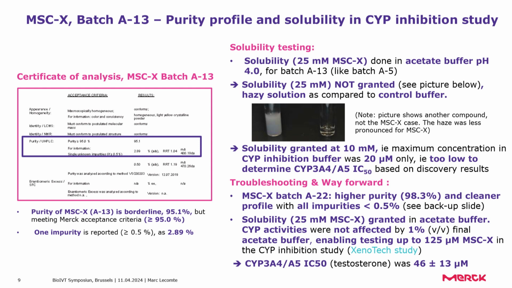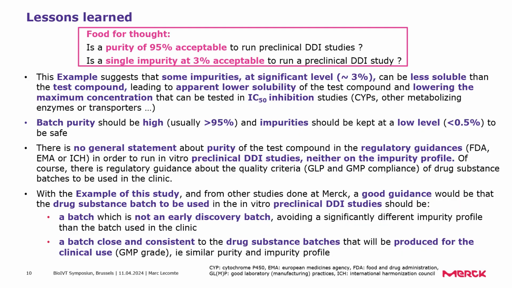Here is an example which I think is interesting. This drug was not very soluble except at acidic pH, and it shows you that you can eventually use an acid buffer to do your inhibition study, but you have to check that the CYP or the enzyme you are measuring is not affected.